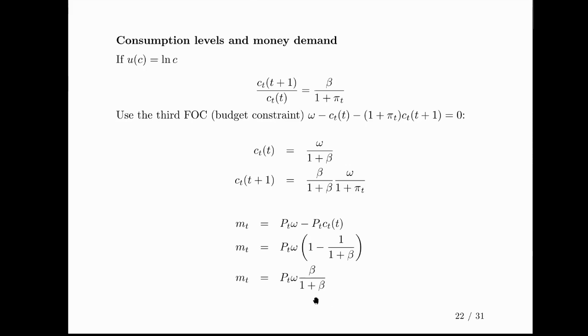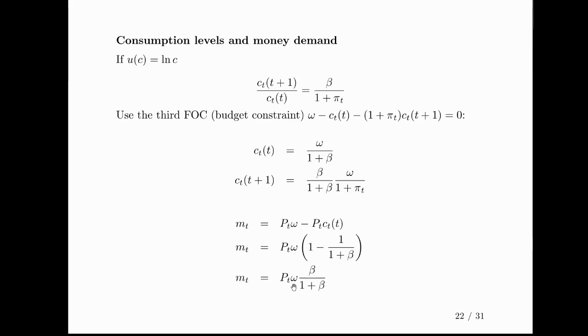Why? Because it links the money supply M_t, so how many bills or how much M1, M2, M3 people have to exchange, so how much money the government or the central bank has supplied, with prices P_t and the real output of the economy.